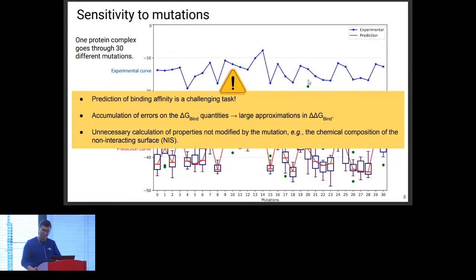Also, we were doing some unnecessary calculations related to properties that are not modified by the mutations. For example, the chemical composition of the non-interacting surfaces is not changed by a mutation that happens on the interface.